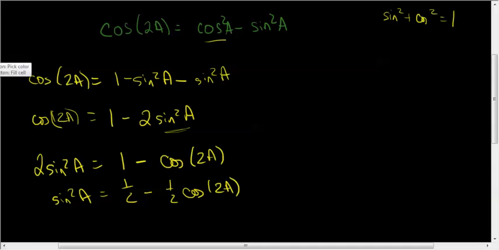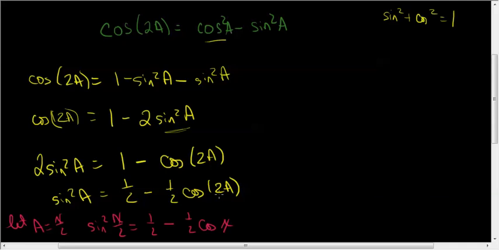Well, if I let a equal x over 2, then the sine squared of x over 2 is 1/2 minus 1/2 the cosine of 2 times x over 2, which is cosine of x.